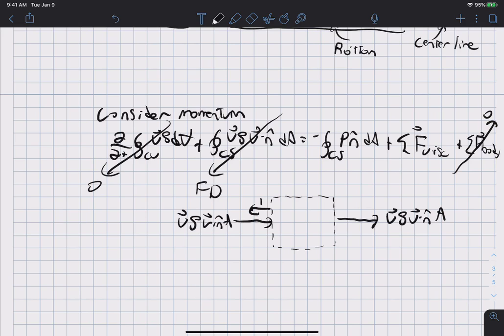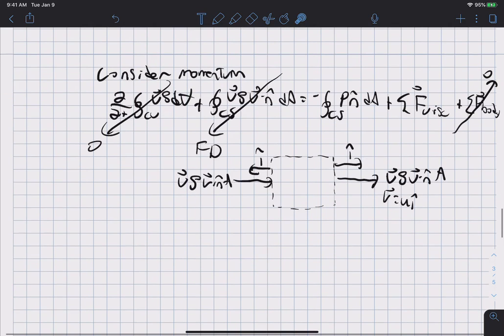Well, n hat is pointing in the minus i hat direction here, and over here it's pointing in the positive i hat direction. And since I know that v equals u i hat, because you can prove through Navier-Stokes equations that the velocity is only going in the x direction, that means there is nothing in terms of the velocity going up through the top or down through the bottom.